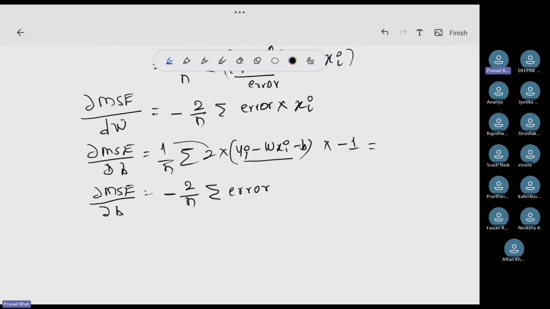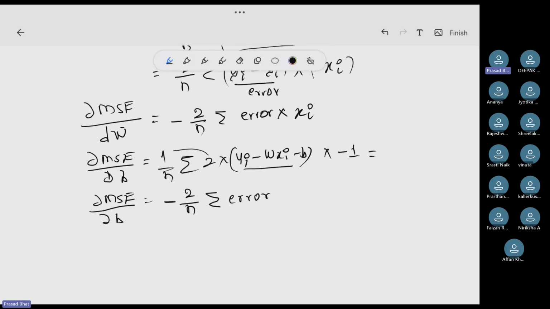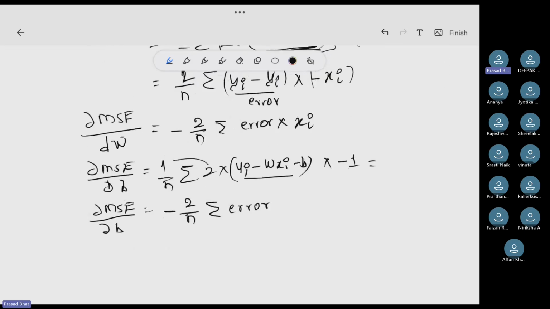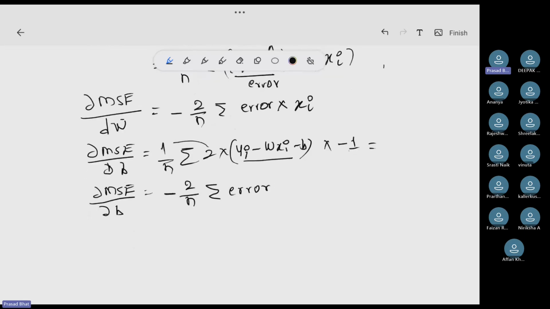Okay. I hope you have understood some of the concepts. Few things that you should remember. Derivative of a constant, d by dx of some constant, is equal to 0. And d by dx of x power n is equal to n into x power n minus 1.